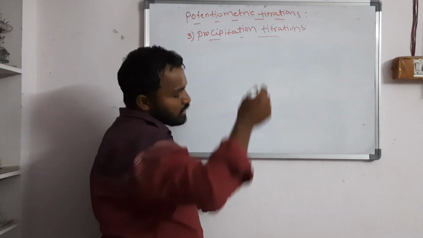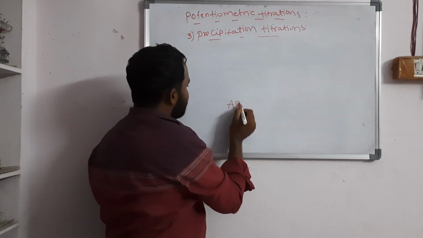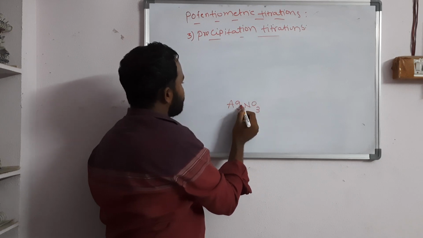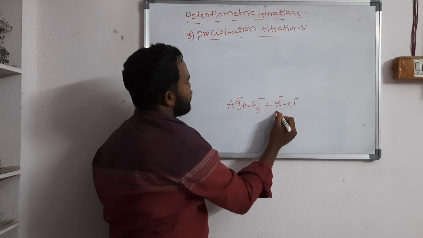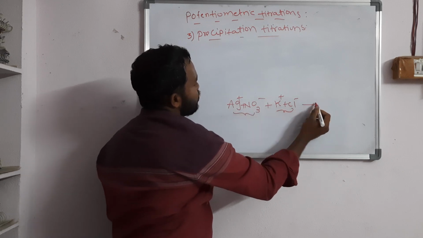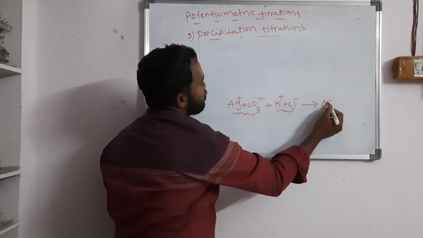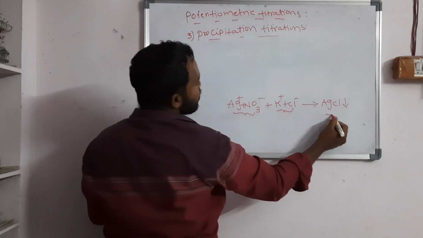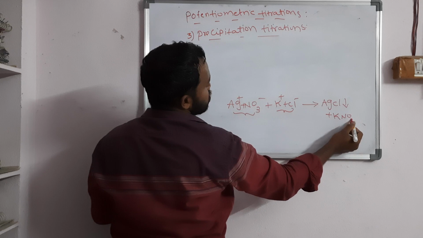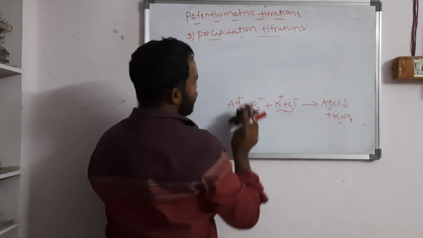So already you know the precipitation reaction: silver nitrate, that is silver plus NO3 minus, when reacting with KCl solution, K plus Cl minus. If they react with each other, they form silver chloride precipitate plus KNO3. So that you should write.